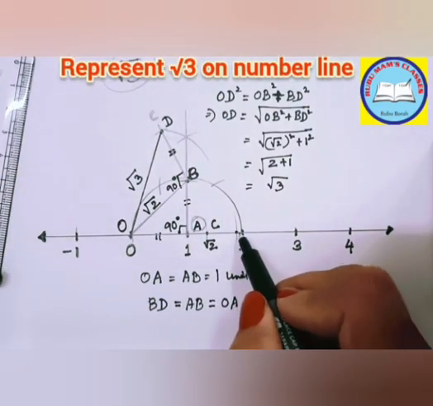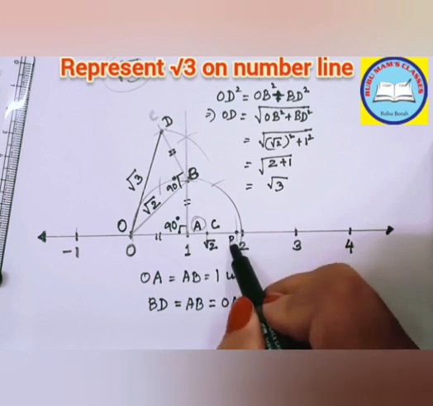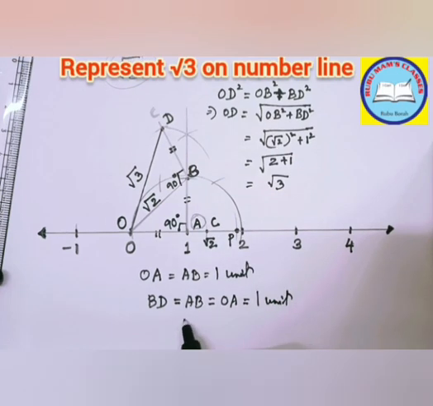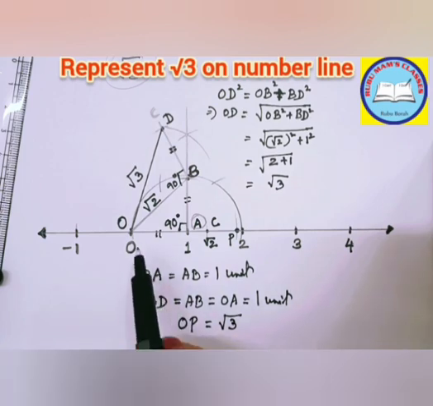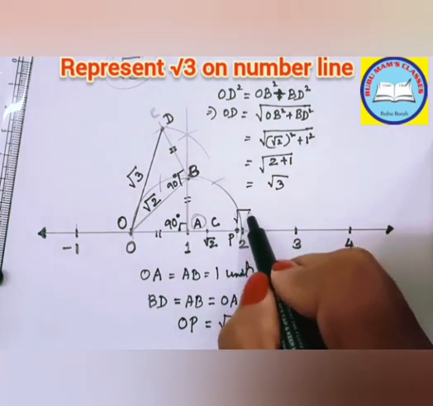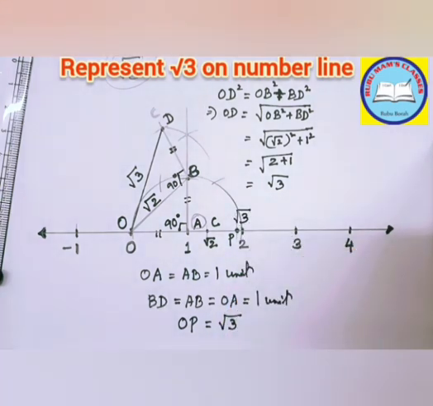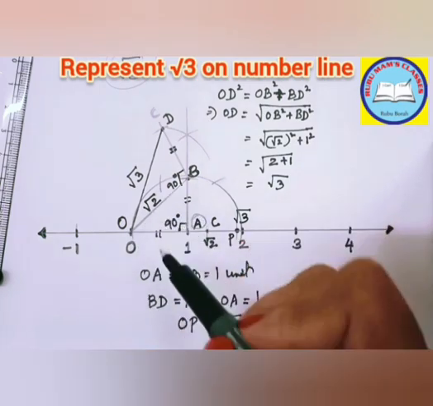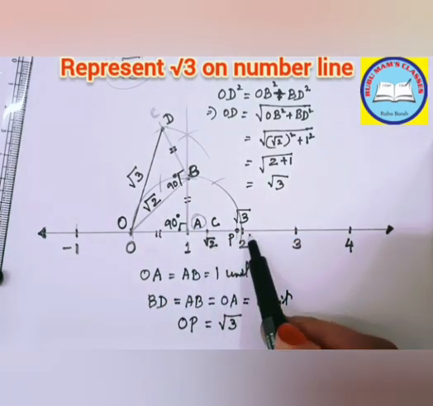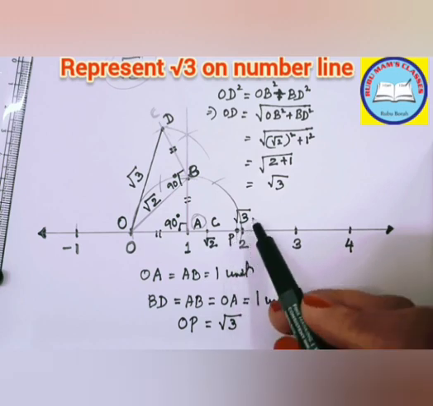This point, let it be marked as P. This is our P, and the distance OP is equal to root 3. Therefore point P represents root 3. Clear? So this is how, using Pythagoras theorem, we first showed root 2 on the number line, which is point C, and now root 3 on the number line, which is point P.